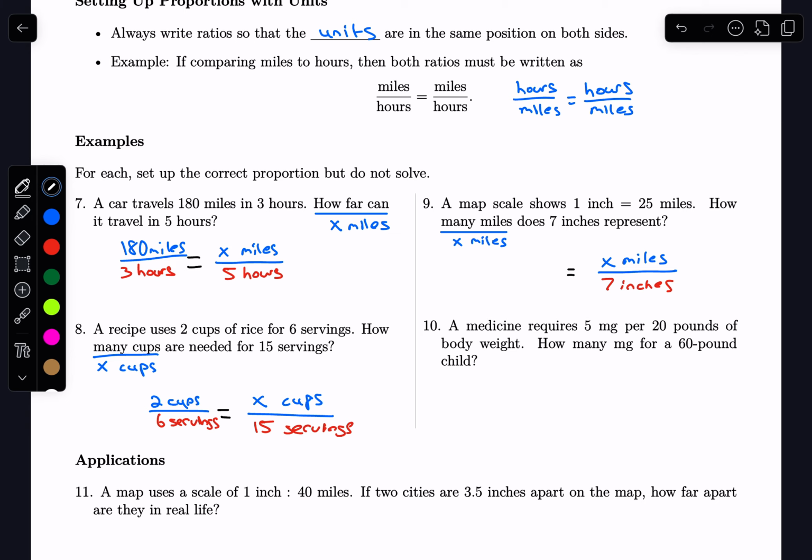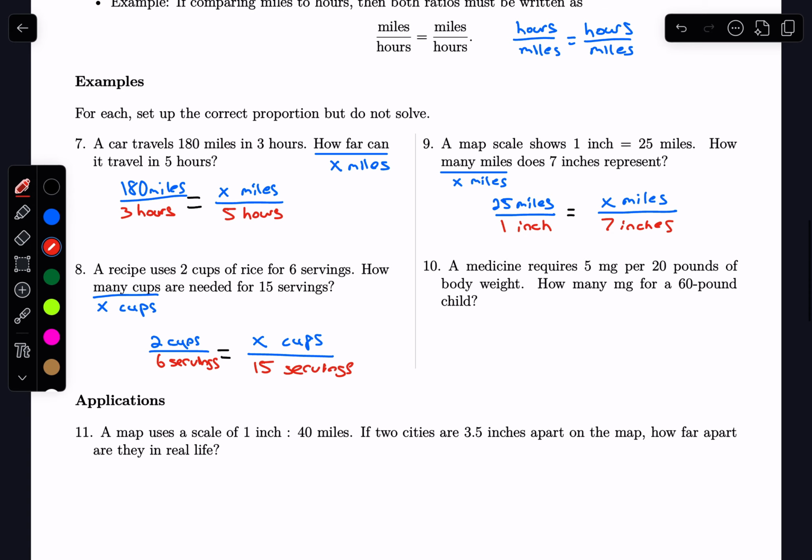So notice it gave me 1 inch equals 25 miles, but I'm not going to write 1 inch over 25 miles because that would be reverse of how I want my fraction. Instead, I'm going to put 25 miles on top to match the fact that miles is on top of my other fraction. And I'm going to put 1 inch on bottom. Now I have miles over inches equals miles over inches. And when I cross multiply, I could solve that one nice and easily.